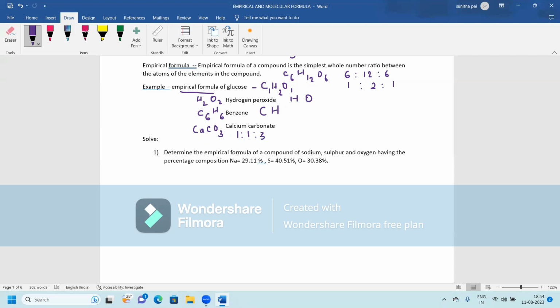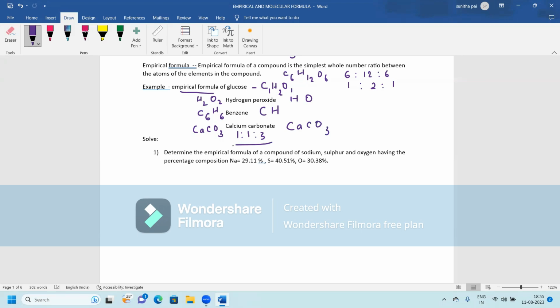You cannot further subdivide this. You cannot divide this anymore into a simple ratio. Already calcium is 1. Carbon is a 1. So lesser than 1 is not possible. So here calcium carbonate's molecular formula and empirical formula are one and the same.